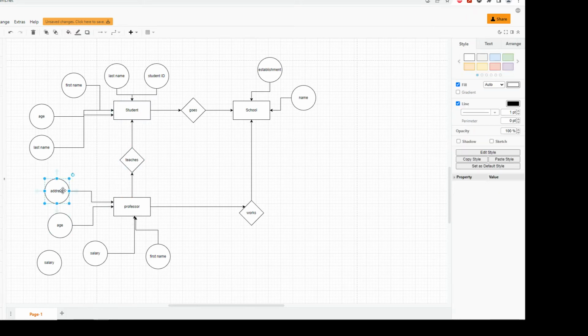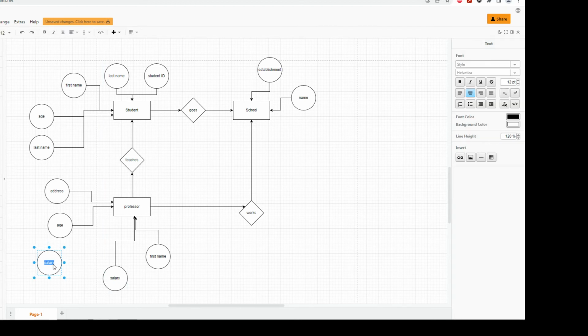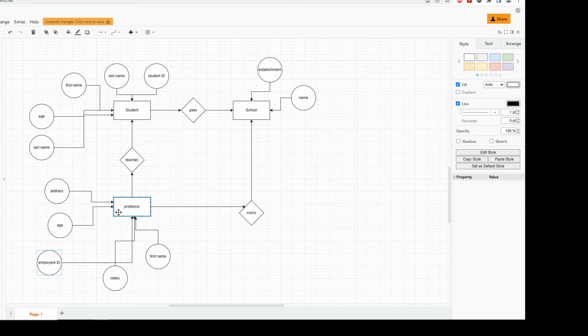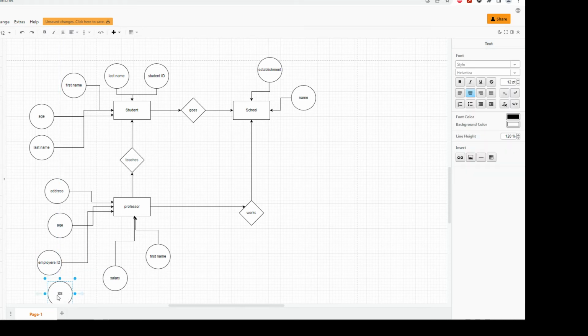So address could be used to identify professor, but it doesn't make sense. Now professor might have an employee ID, because the professor works at the school. Or social security number. Okay, let's do both. Let's do employee ID and let's also do social security number. I'm just gonna put SS.